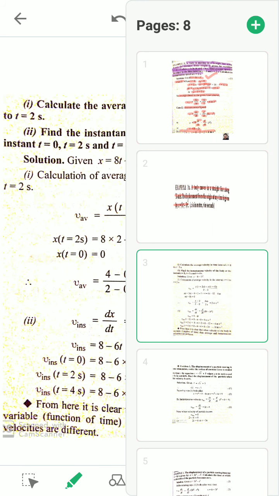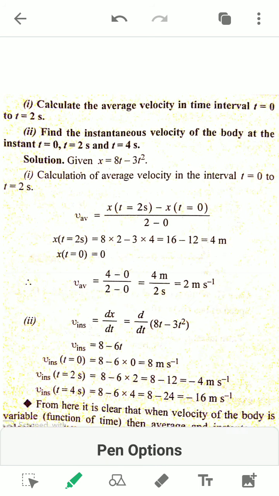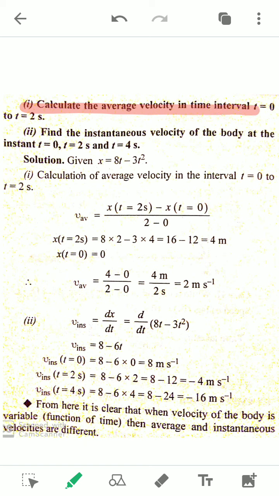So the question statement further says: calculate the average velocity in the time interval t equal to 0 to t equal to 2 seconds.